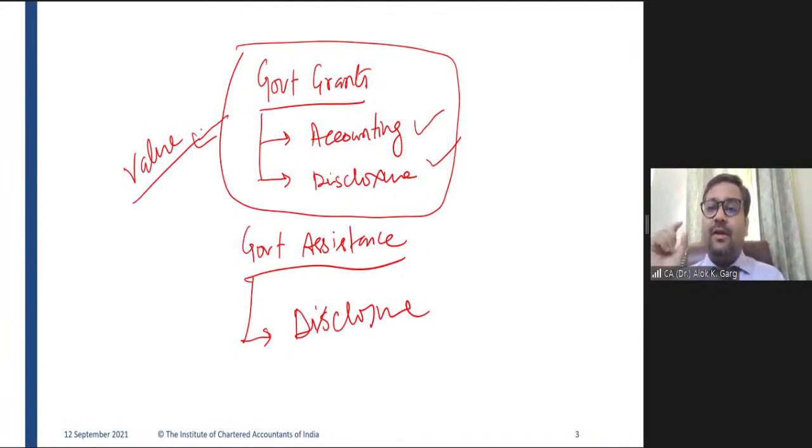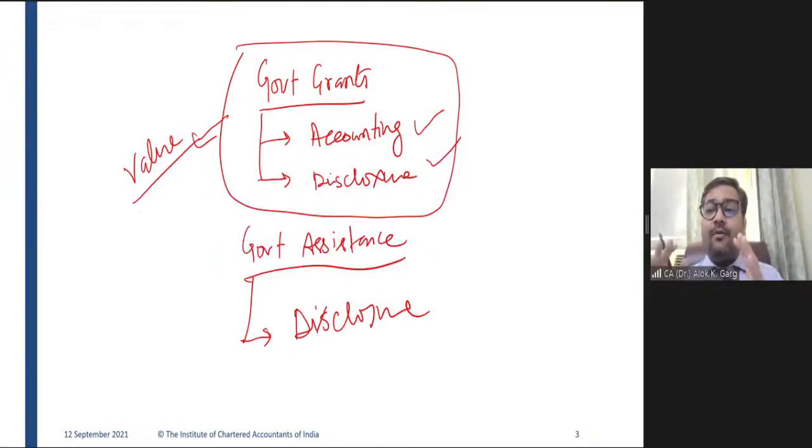So 20 lakh is a government grant. When a government is transferring resources to the entity and those resources have some value, it is known as a government grant, and accounting and disclosure come into play.